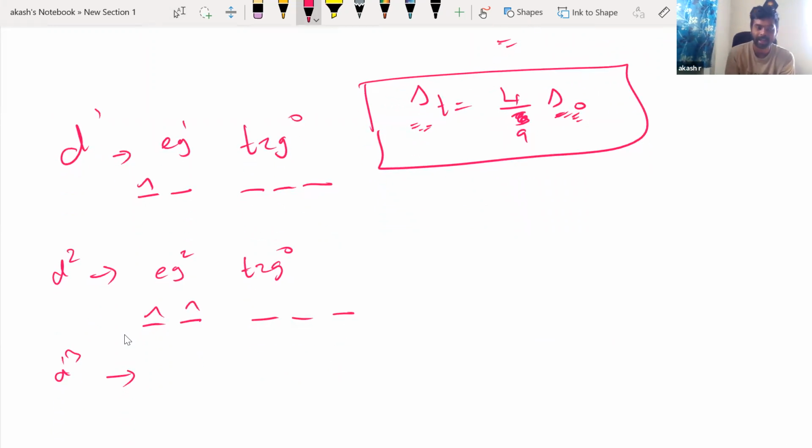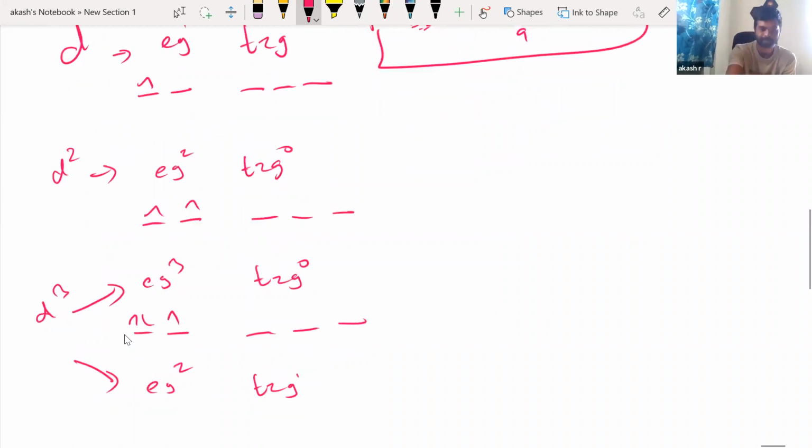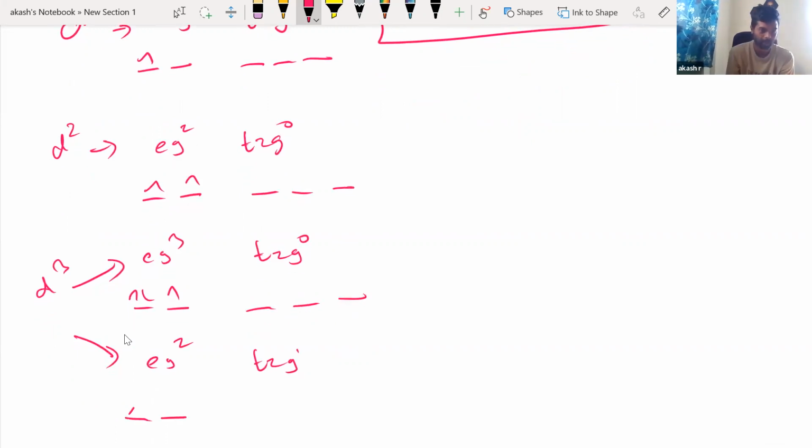We can either have e_g2 t2g1, or, let me write this a little lower, e_g3 t2g0. That means it is going to look like 2 electrons here and 1 electron here, or 2 electrons here and 1 electron here.